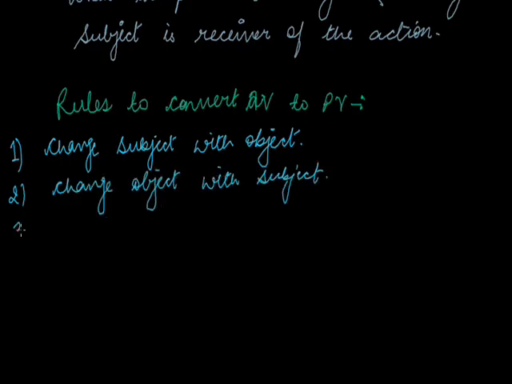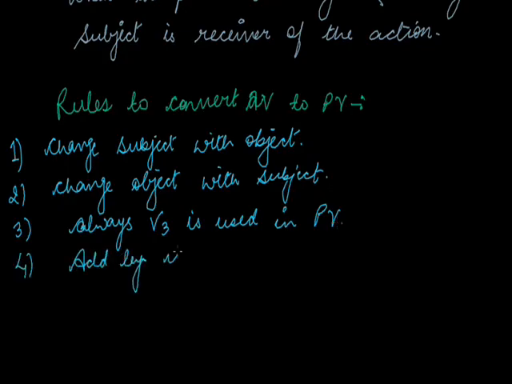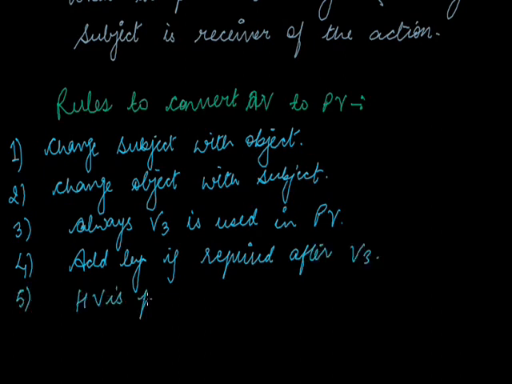The most important rule is that always verb third form is used in passive voice. Next, add by if required after V3. Now, next rule, your helping verb is placed before V3. According to this rule, as in the above example, you have seen that is was placed before played. So, is over there was your helping verb and it was placed before V3.